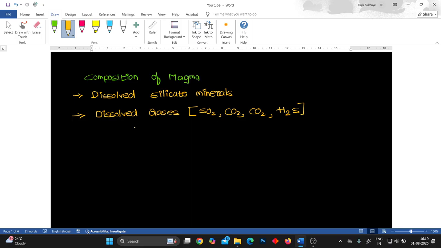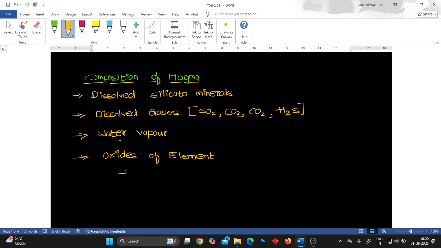These are the dissolved gases present in the magma, an important part of its composition. Apart from that, it consists of water vapor. If there is some water present, it will definitely get converted to vapor due to the high temperature of magma. And lastly, they are rich in oxides of major elements.